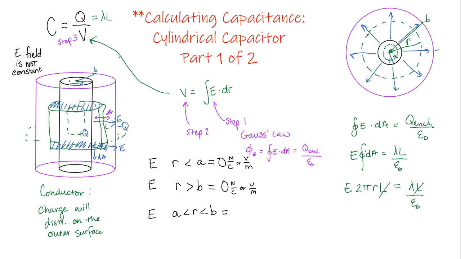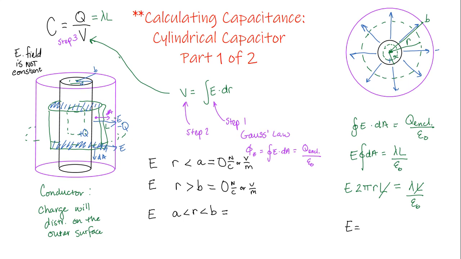Another really cool thing about this process, the L's should cancel, right? If you think about it, the Gaussian surface, the Gaussian toilet roll that you choose, the length of it, you could have picked anything arbitrary, right? And that should not influence the strength of the electric field at any point in here, right? So the fact that that cancels out is really a good thing. It makes it known that the Gaussian surface is a tool, it's not the actual thing.